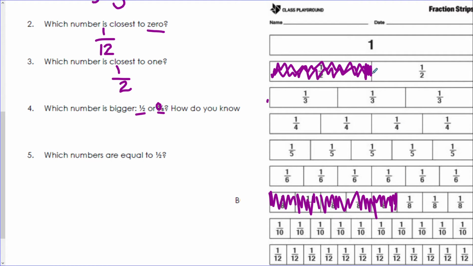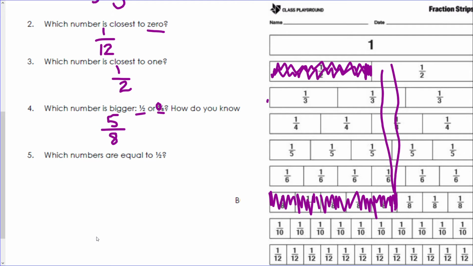I have 1/2, which ends here, and 5/8. Ooh, so 5/8 is larger because the fraction tiles, if you notice, go way out here. It goes way over here. 1/2 doesn't get that far, right?